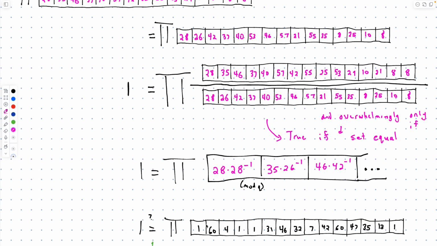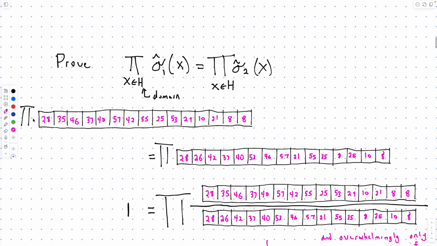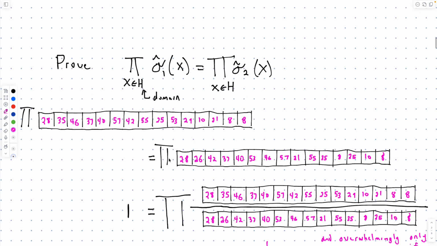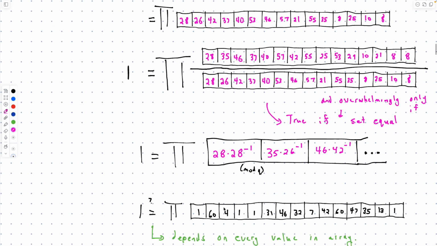And if it gives me something other than 1, then there was something here that didn't cancel, and so they weren't set equal. So I've reduced this problem of, is the product of this equal to the product of this, to: does the product of this equal 1?